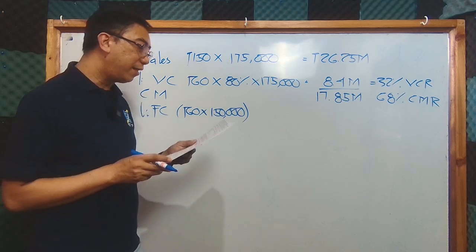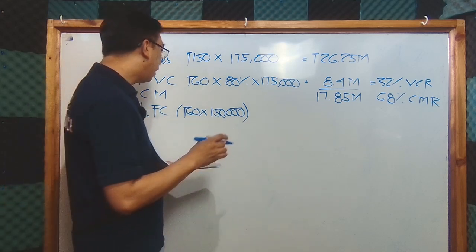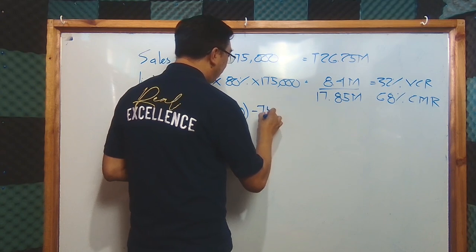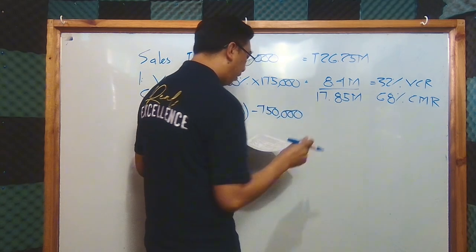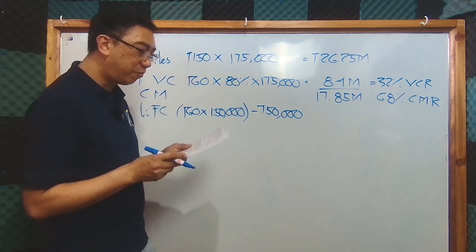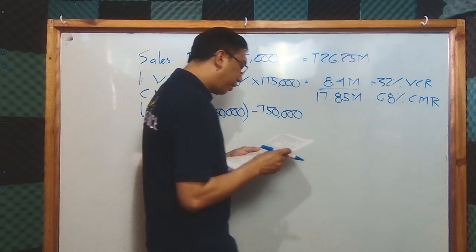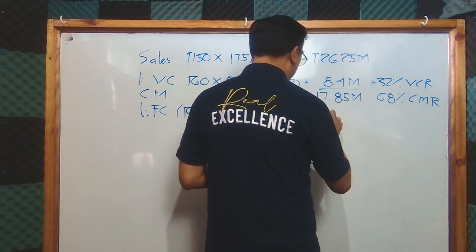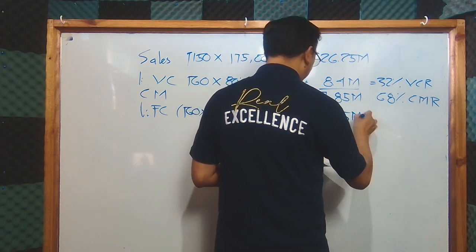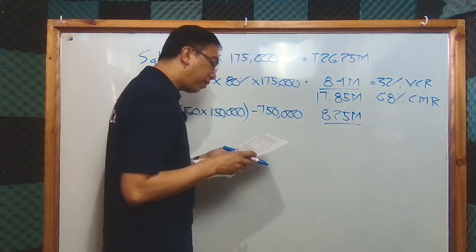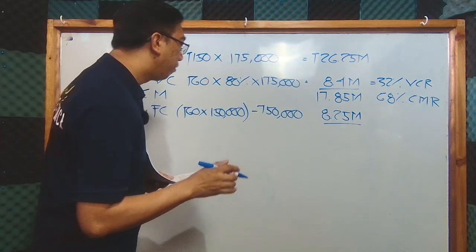Now, for the current year, it is anticipated that the fixed cost will decrease by 750,000. Okay, so decrease by 750 will give us how much? That should be 8.25 million.